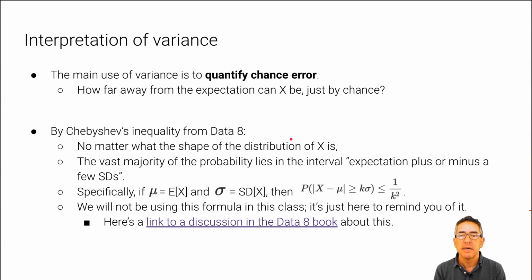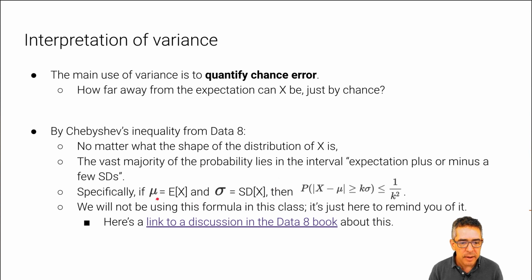You will not find in general a random variable that has a defined expectation and variance, where the expected value is here, and the variance is, say, like this, but somehow there's a huge amount of probability over here. That simply cannot happen. Chebyshev's inequality is one of the first inequalities that belongs to a class called concentration inequalities, which are theorems that describe how probability concentrates around expectation values, and it's a very important result.